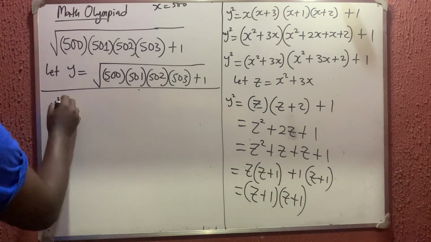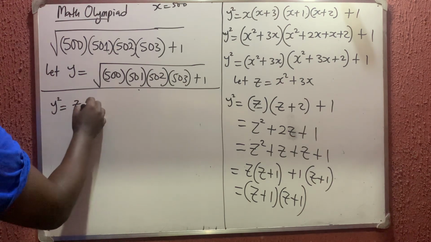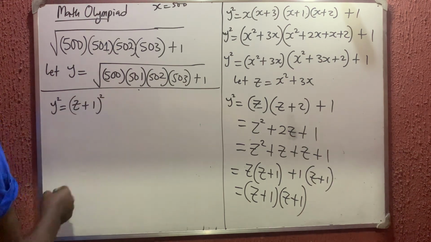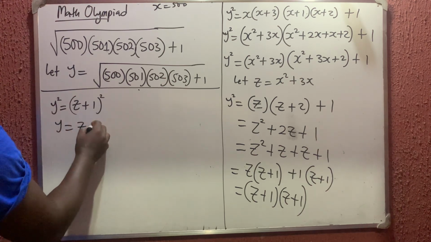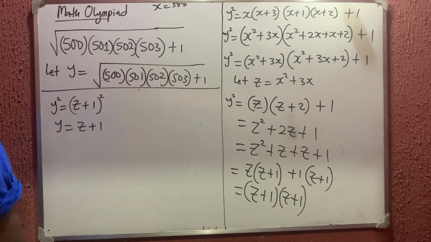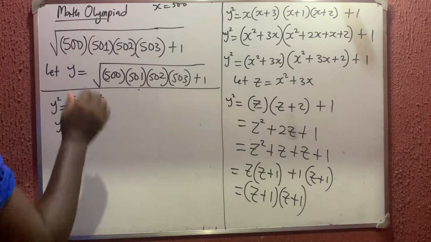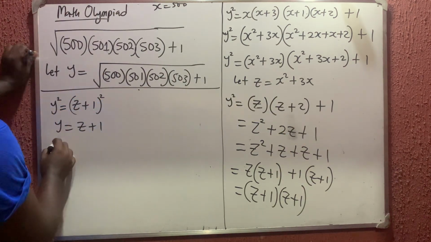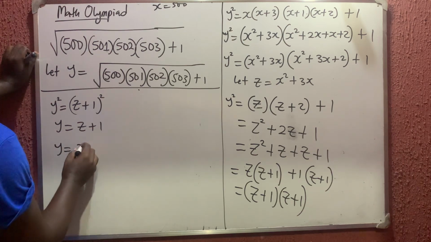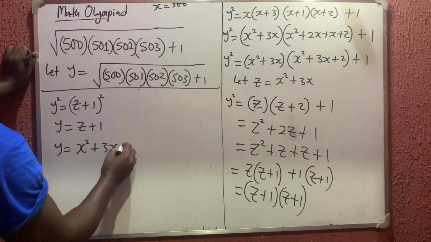We're going to have that y squared is equal to z plus 1 all squared. If 2 takes care of 2, we're going to have that y is equal to z plus 1. Now, what is our z? Don't forget, this is our z. So, therefore, our y is equal to x squared plus 3x plus 1.